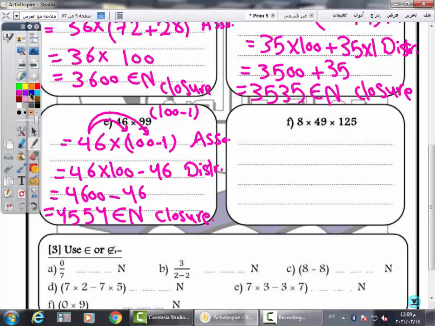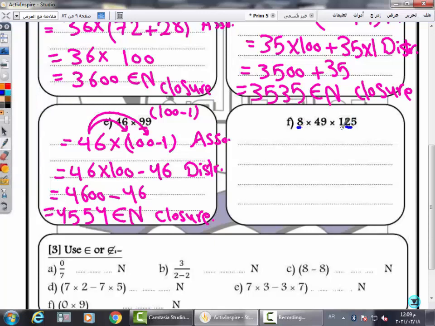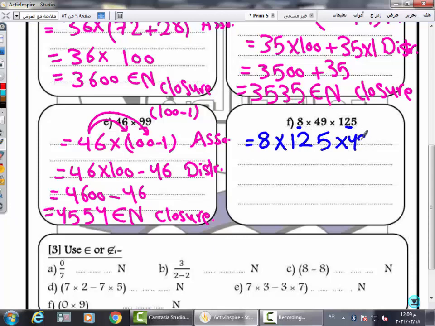Another example: 8 times 49 times 125. We will change the places of 8 and 125 to be beside each other: 8 by 125 times 49. This is called commutative. And we will take 8 by 125 between brackets times 49.